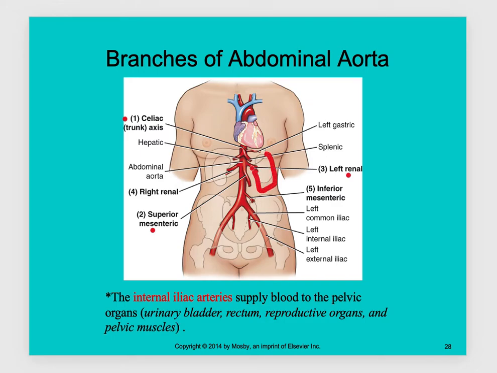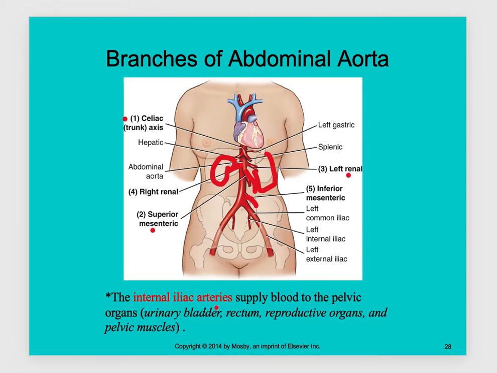Then you have your right renal right here, and then you have your inferior mesenteric. So superior mesenteric, inferior mesenteric, right renal, left renal, and then the first one is the celiac axis.